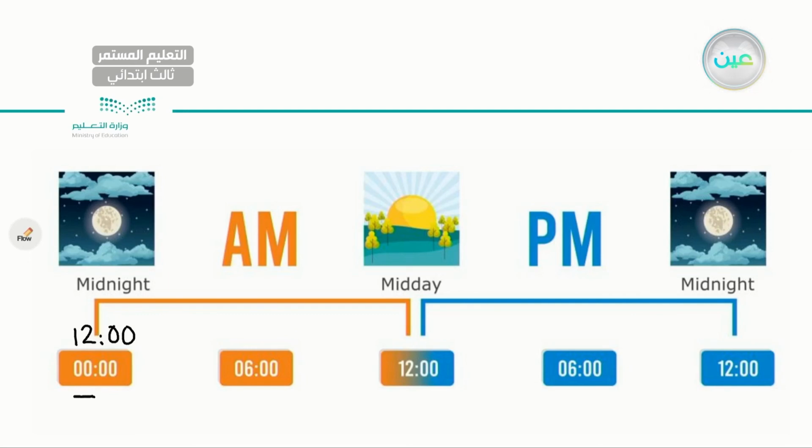If it passes 12 midnight, that's AM. 6 o'clock in the morning, 6 AM, until we reach midday, that's 12 noon, okay? We will start using PM, okay? 6 PM until we reach 12 midnight, and then we will start using AM again, okay? I hope that's clear for you.